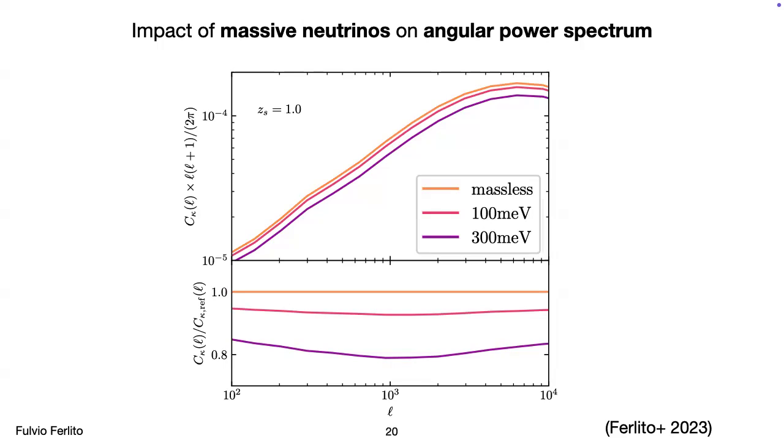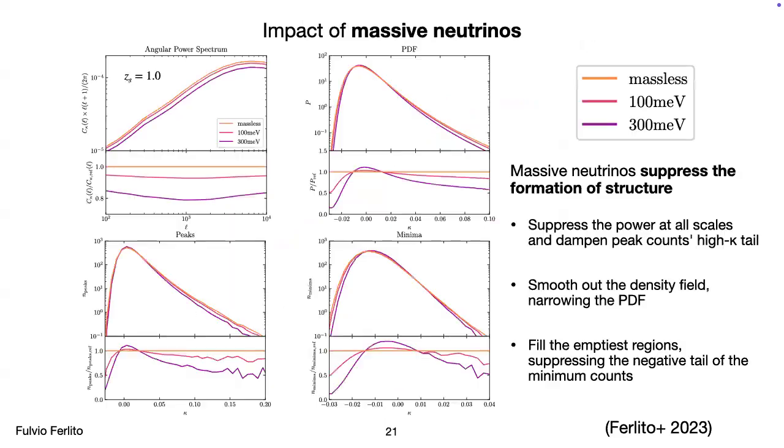And here we see that the feature is quite different with respect to baryons, and in particular, it is almost scale independent. And also looking at the other statistics, it is also definitely significant. What happens is that neutrinos are thought to be relativistic species, at least for most of the life of the universe.